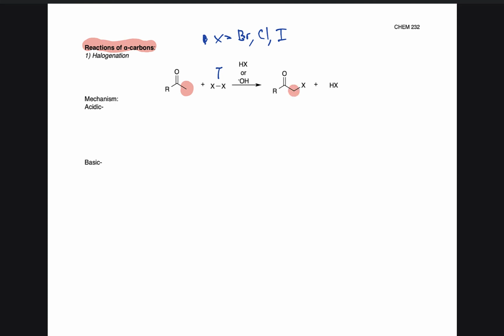And so we can do that through a couple different ways. We can either do it through an acidic mechanism or basic. And so the acidic mechanism looks like this. And we'll use HBr for the first example here. We're going to generate, through this acid-base reaction, this sort of more reactive carbonyl.